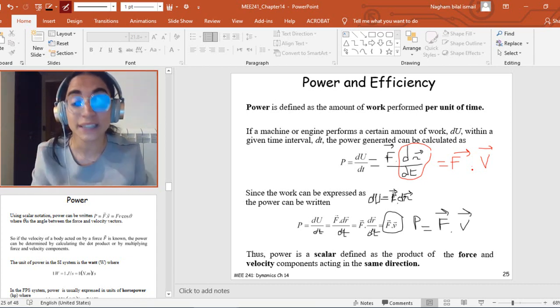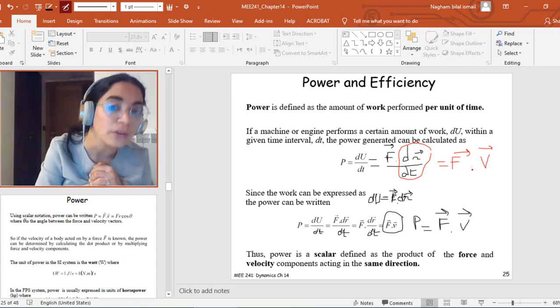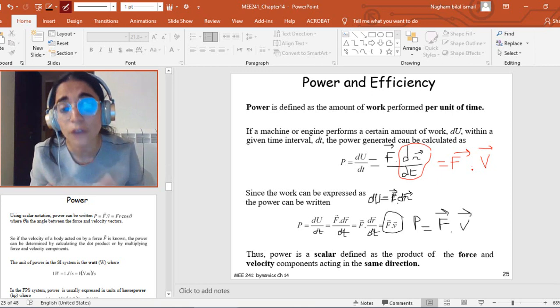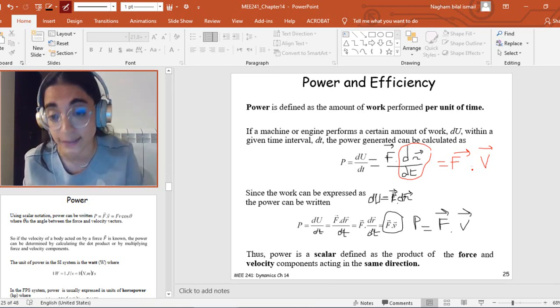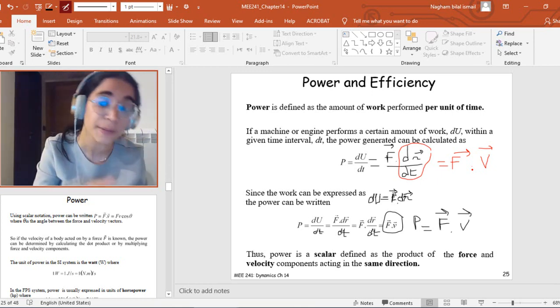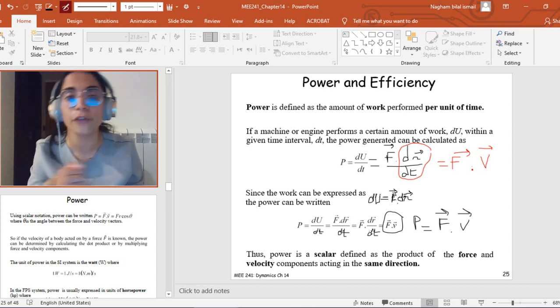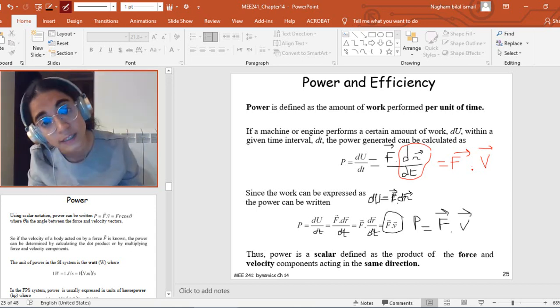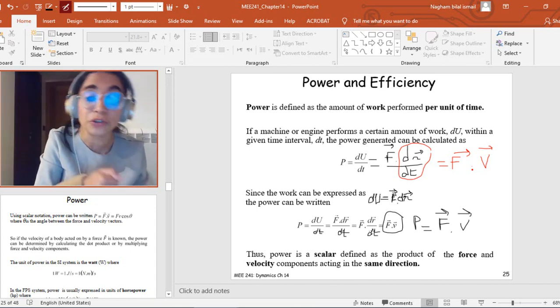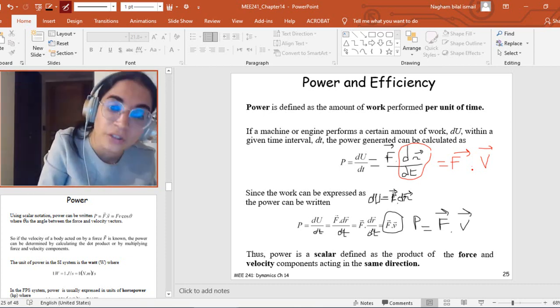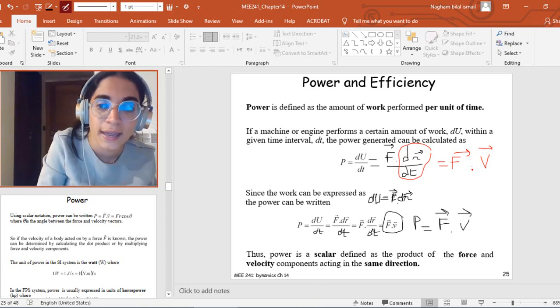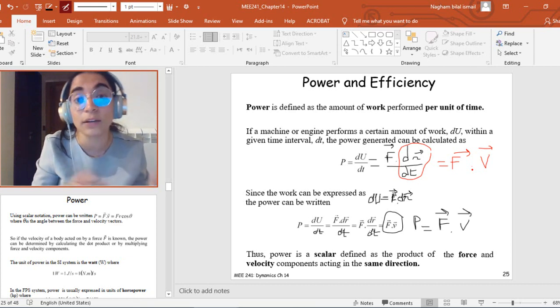Now, what condition makes P equal to 0? P is equal to 0, or there is no power, if the force is perpendicular to the velocity. Because if the force is perpendicular to the velocity, then the force is perpendicular to the displacement, so there is no work transmitted to this particle, and the work of the force is equal to 0.